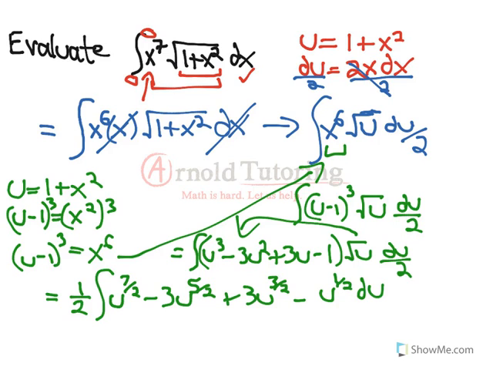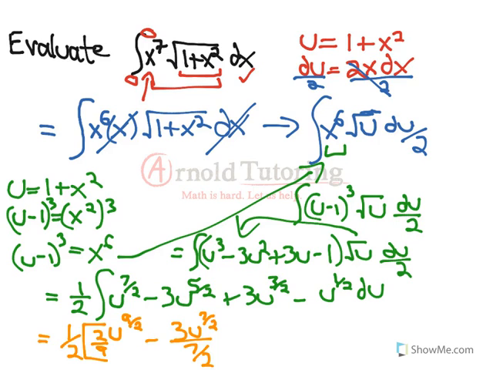Okay, so now we're actually ready to do the integration. The 1/2 is still up front. We go up a power and divide by a power when we're integrating polynomials. So this becomes u to the 9 over 2 times 2 over 9, minus 3u to the 7 over 2 divided by 7 over 2.